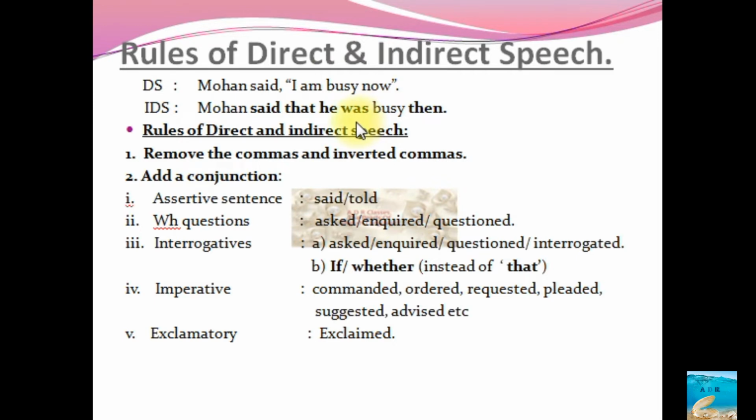So this is the first rule. The first rule of direct and indirect speech is: remove the commas and inverted commas. As you can see here, this is the comma, and this is the inverted comma. In the indirect speech it is supposed to be removed. So clear? Remove the commas and inverted commas.